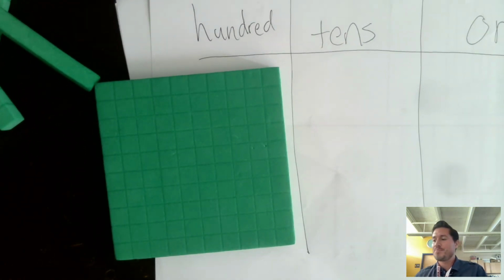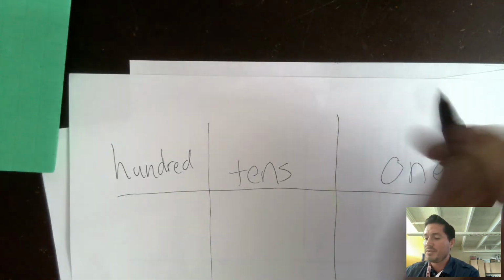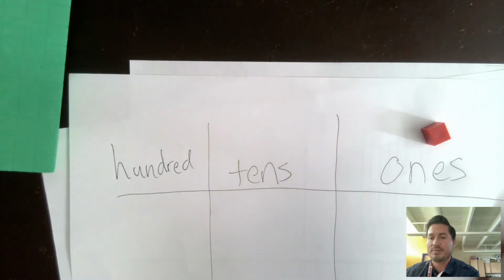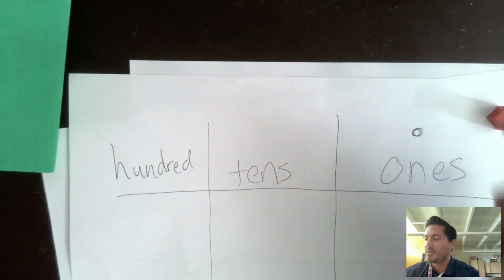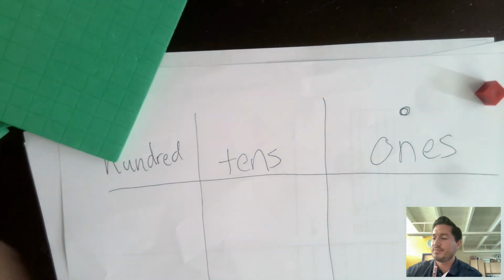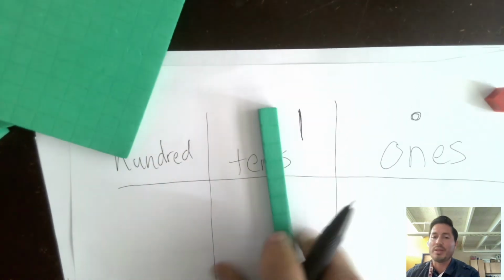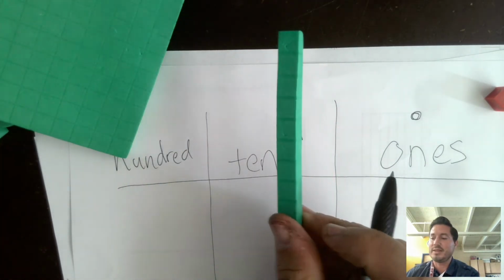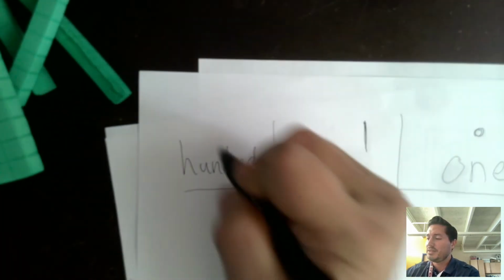So we've taught the students that the ones that look like this, we can just quickly go like this when we're drawing it. The tens, when they look like this, we can just draw one line to represent a 10. And 100 that looks like this is a square.